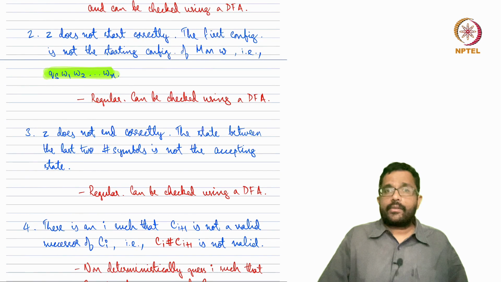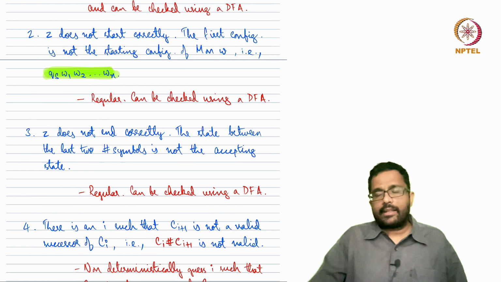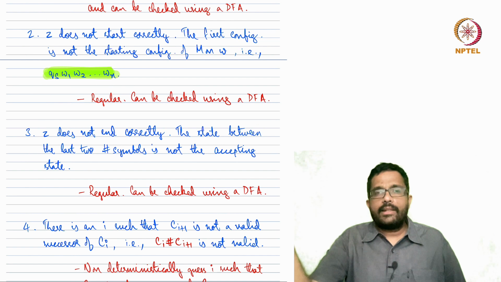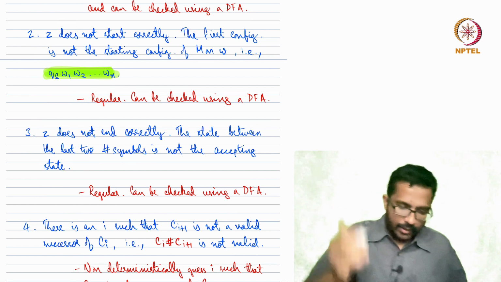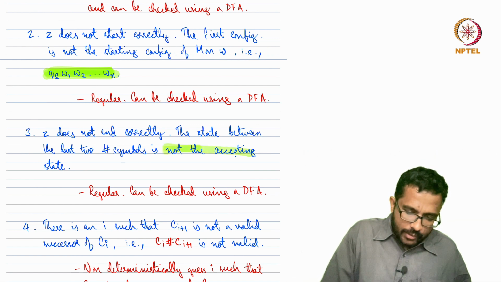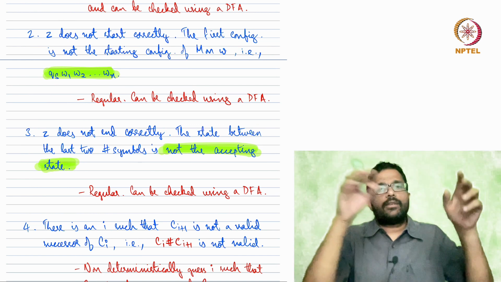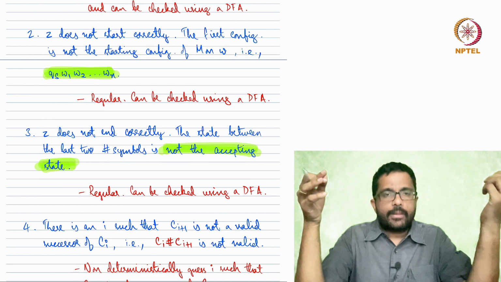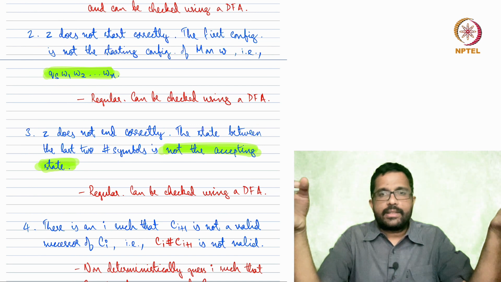The third possibility is that it is a properly formed computation history, but it does not end correctly, meaning the last configuration is not an accepting configuration: the state between the last two hash symbols is not the accepting state. This also can be checked easily using a DFA, because we just have to go to the last two hashes, remember the last state seen, and check whether it is the accepting state.